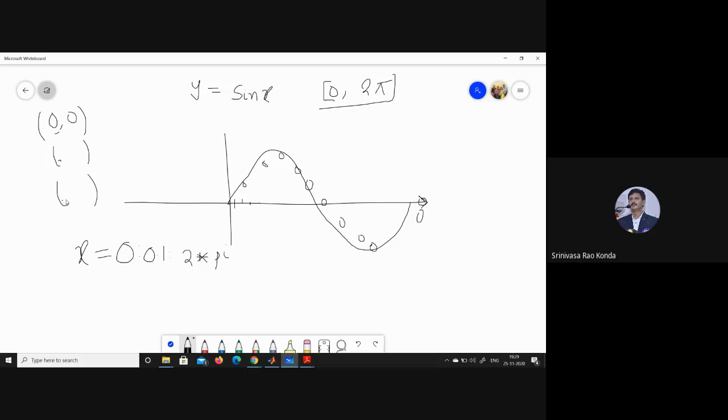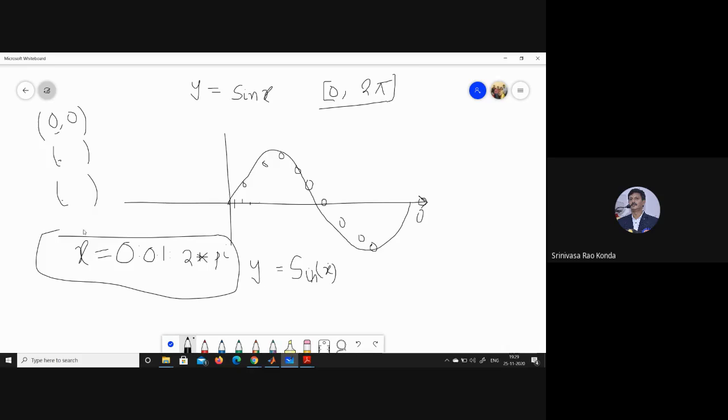Next thing, what do I have to do? At each point, I need the sin x value. Now I have an array x. I can calculate sin x values by taking a simple command, y is equal to sin of x. At each point of this array, we have the sin x value that we store in y.